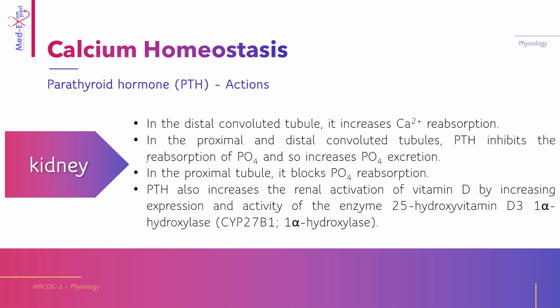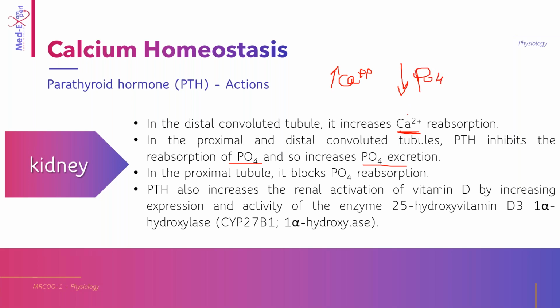But what about the kidneys? In the kidneys, it increases the calcium reabsorption, and also it inhibits the reabsorption of phosphate and increases the phosphate excretion. So in the kidneys, it enhances calcium reabsorption and promotes phosphate excretion.